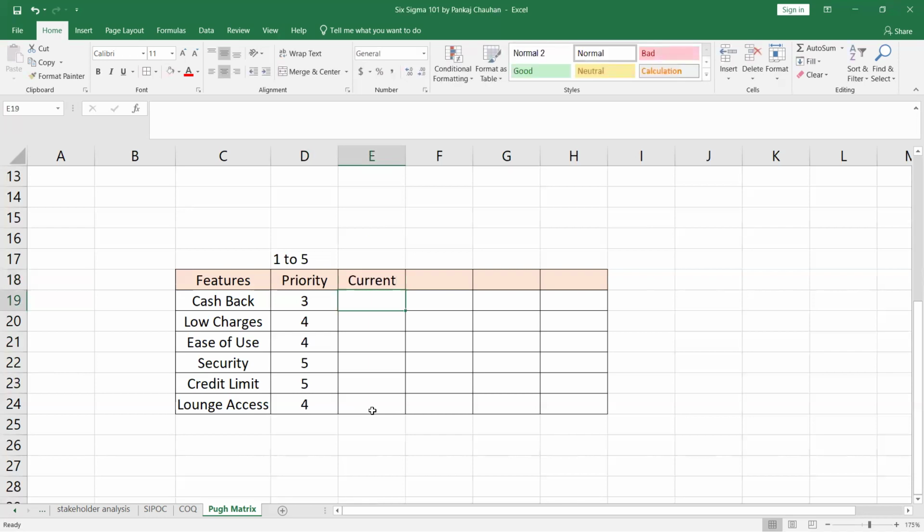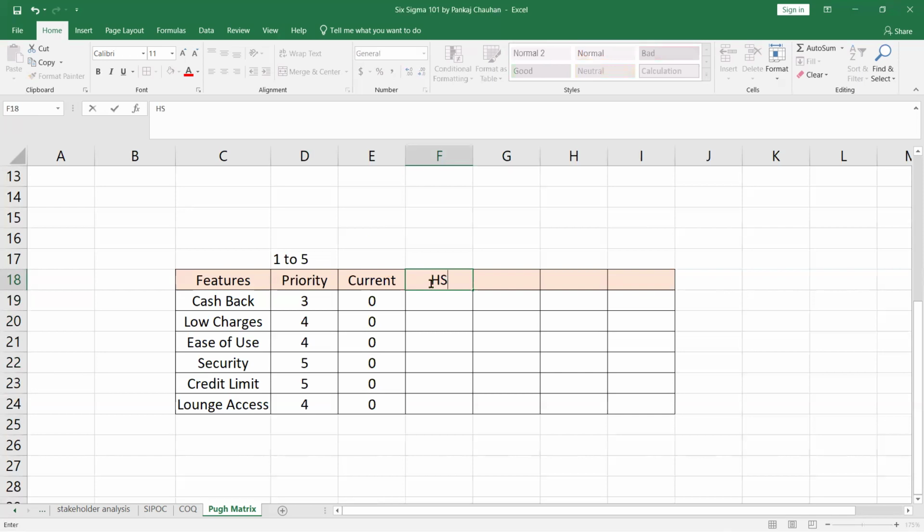Let's say my current value is 0 for availability of the credit card. Let's say my current cashback is neutral, charges are neutral, ease of use is neutral, and against the neutral, I have multiple options available. Suppose, let's say I have HSBC, I have Standard Chartered, I have American Express, or maybe I can use, let's say, ICICI or HDFC, anyone.